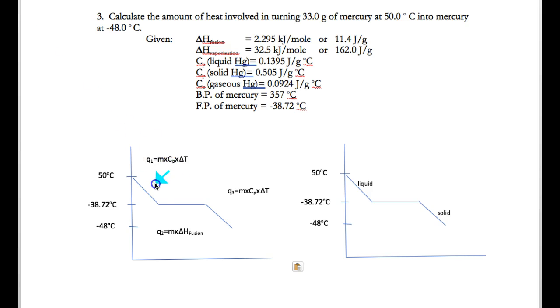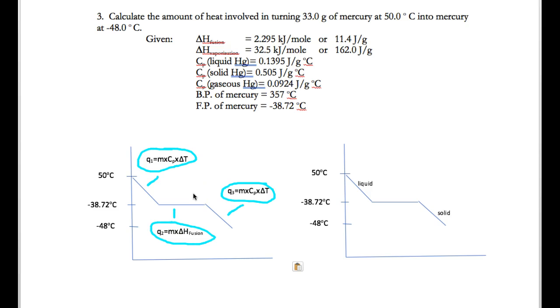Sorry that my arrows do that occasionally, but we're going to just do it by freehand here. So this Q1 pertains to that section, this Q3 pertains to this section, and then Q2 down here pertains to the plateau.